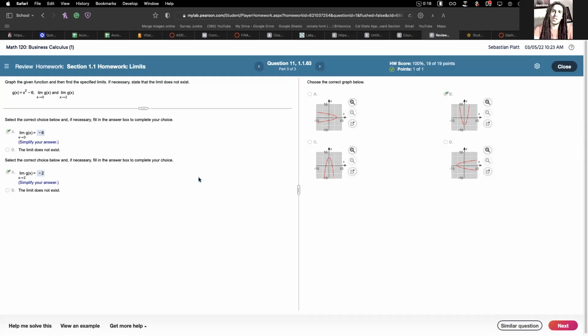So let's say we were to plug 0 into the x. 0 squared minus 6 equals -6. So therefore, g of x equals -6. Then for 2, if we plug in 2 into the x, then 2 squared equals 4, minus 6 equals -2. So the limit of g of x when x approaches 2 is -2.